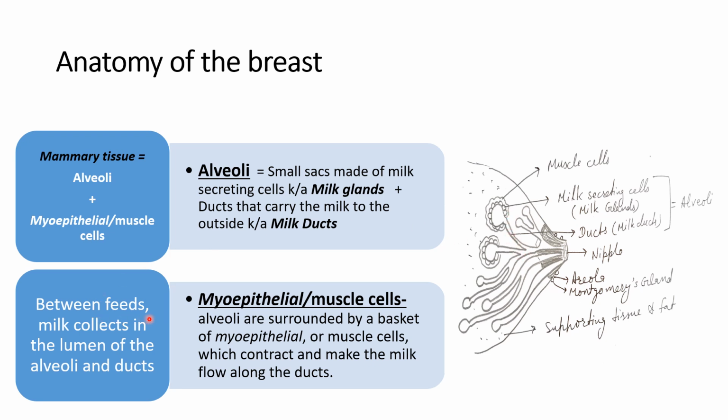Between feeds, milk collects in the lumen of the alveoli and duct. And when the baby sucks, these myoepithelial cells, the muscle cells, contract and milk flows through the duct and is ejected out.